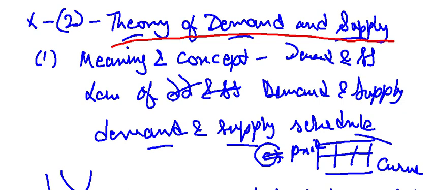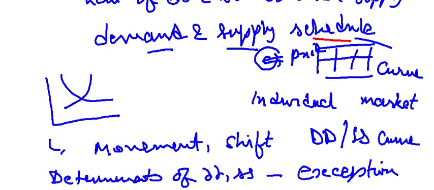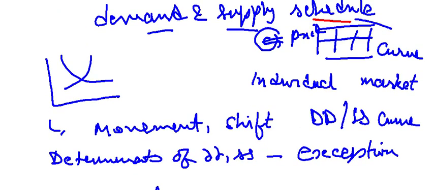So theory of demand and supply: meaning, concept, what is demand, what is supply. Then you have to know the demand supply schedule, the table, and after drawing the schedule, we will also learn the demand and supply curve, for individuals and for the market.